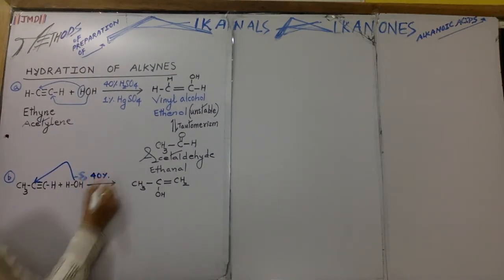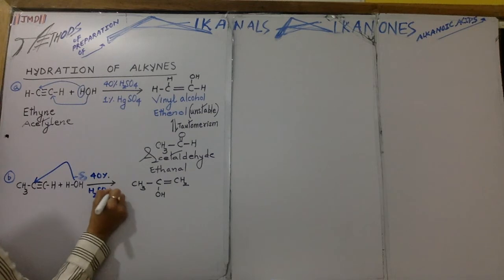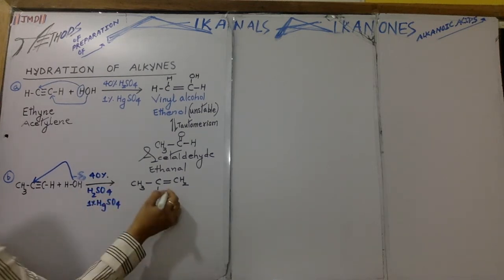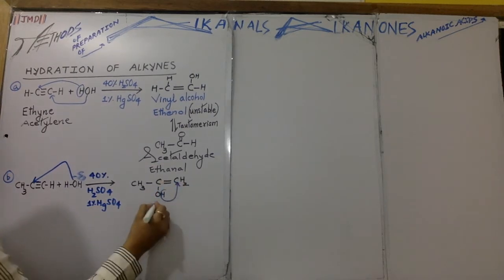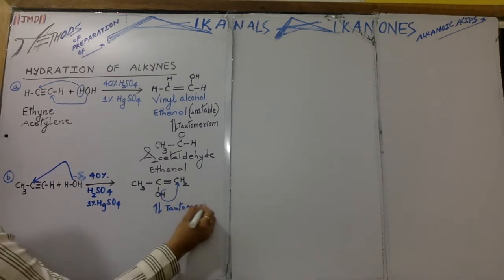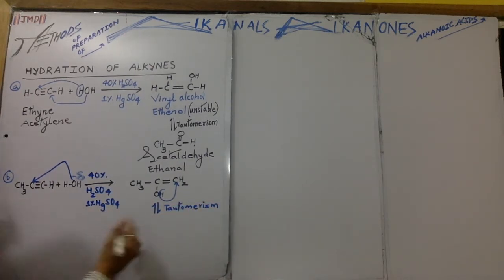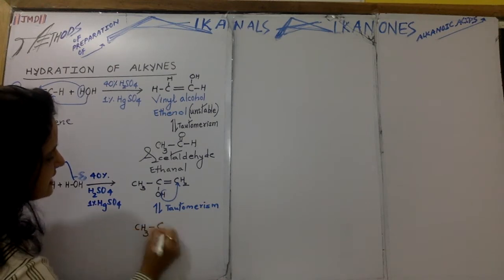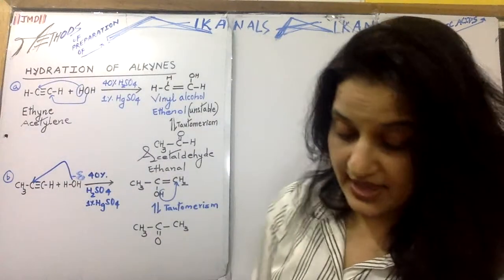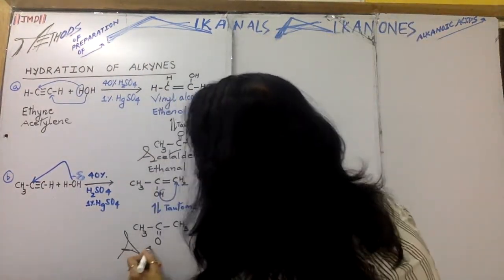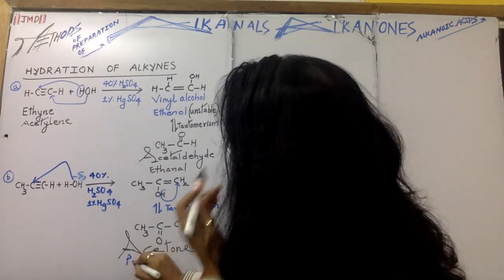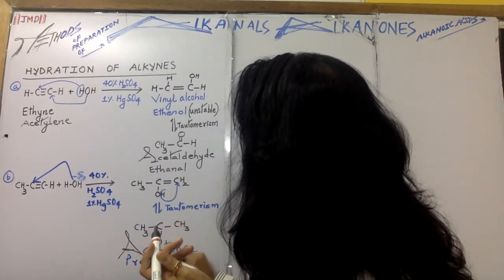So with 40% H2SO4 and 1% HgSO4, this tautomerizes and we get a molecule of acetone, also called dimethyl ketone, or propanone.